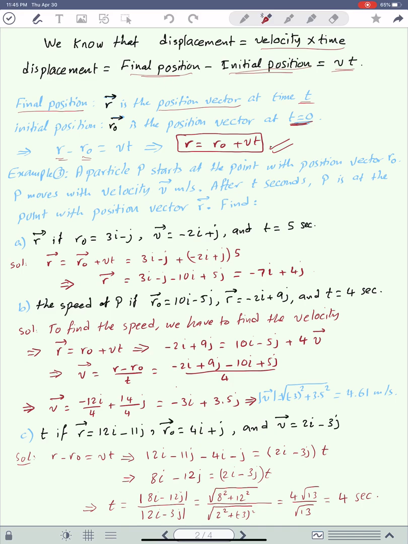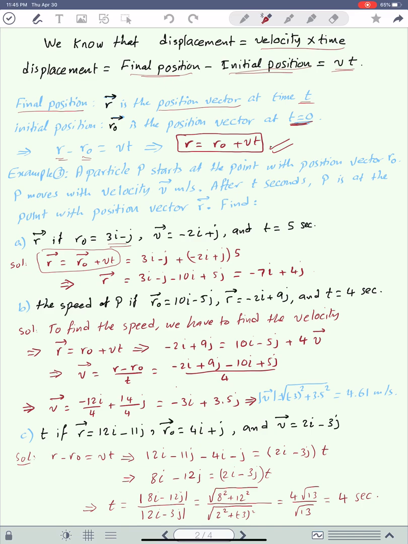After t seconds, P is at the point with position vector, which is displacement in the old language. So you are finding displacement here after t seconds, but we'll say now the position vector r at time t. So we'll only be using this formula: r is equal to r0 plus vt. He gives us r0 in the question. It's 3i minus j.